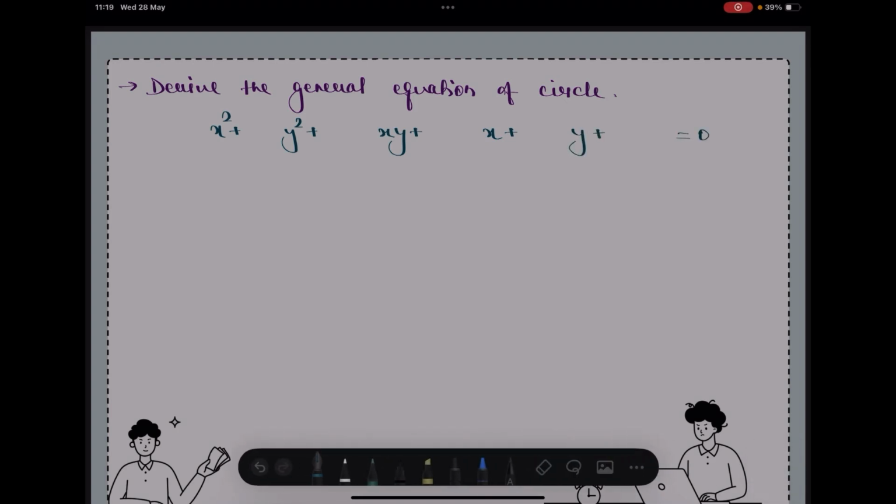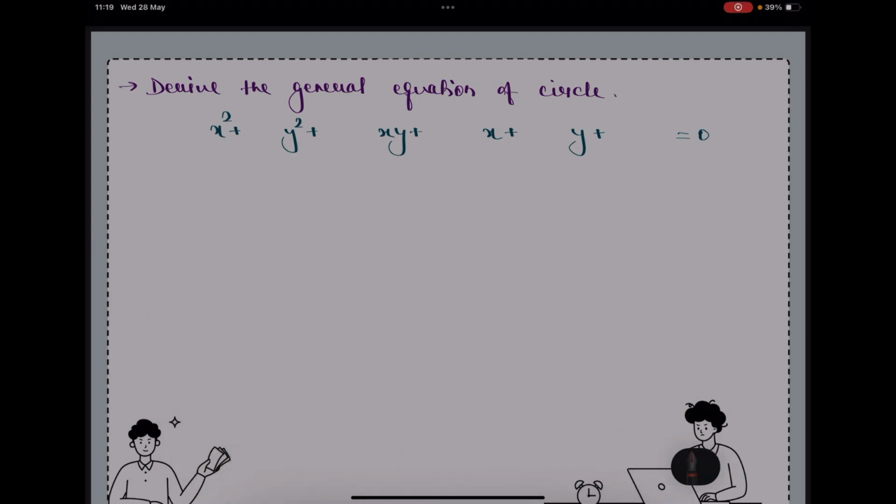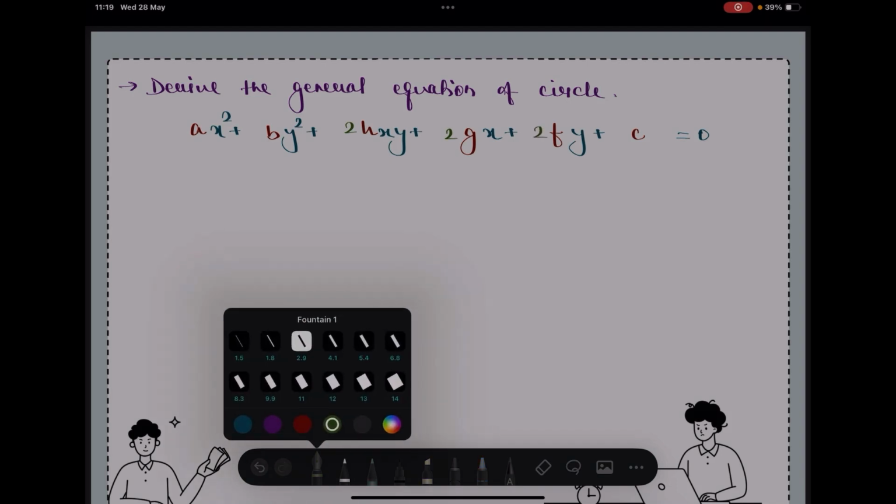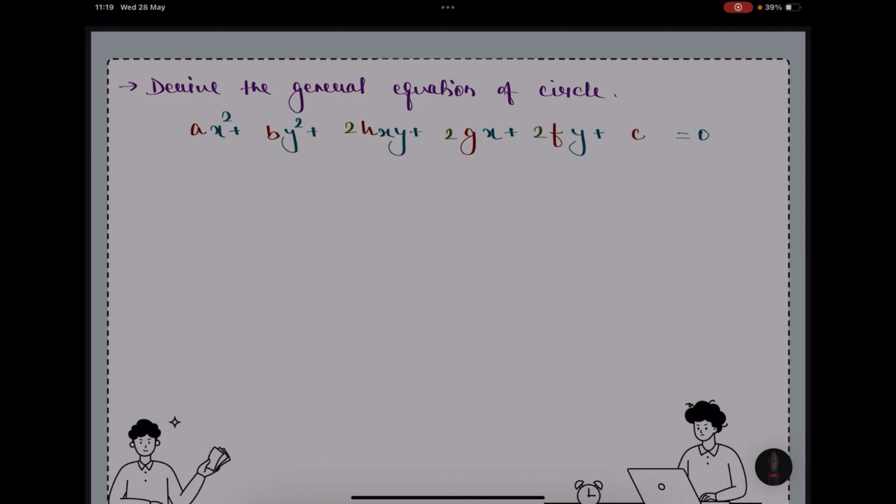Okay, so this was the general equation of 2-degree curve.